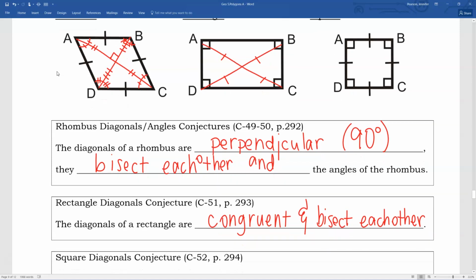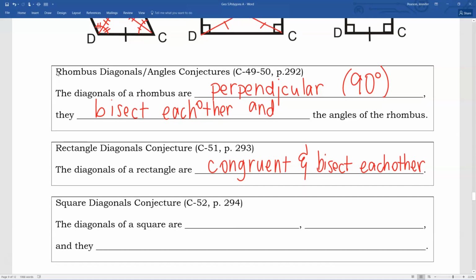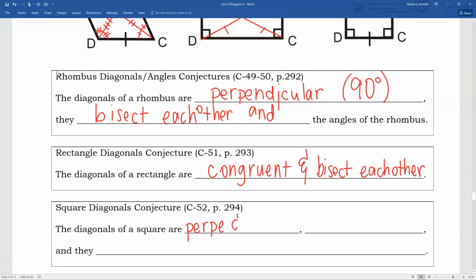And then for square, the diagonals of a square are blank, blank, and they blank. Now, because a square is like a rhombus and a rectangle put together, all of the things we've said for our first 2 special parallelograms are still the same. So the diagonals of a square are perpendicular. That means there's that 90-degree intersection in the center.